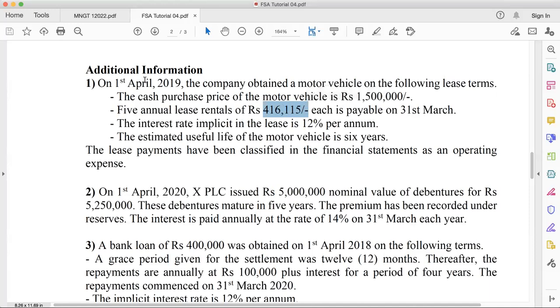So you have to pay annually for a period of 5 years. Interest rate is 12%.